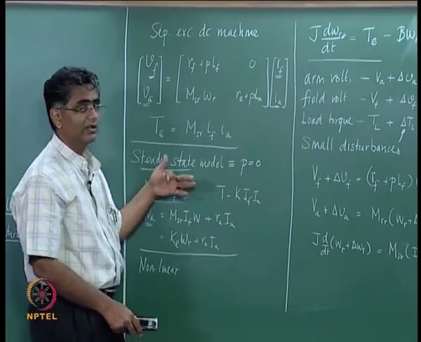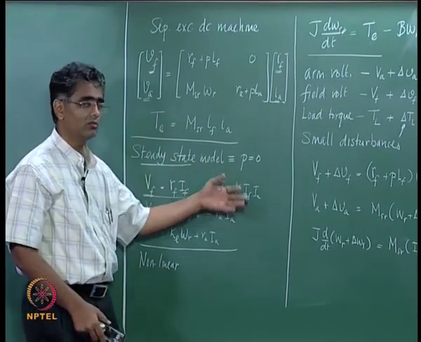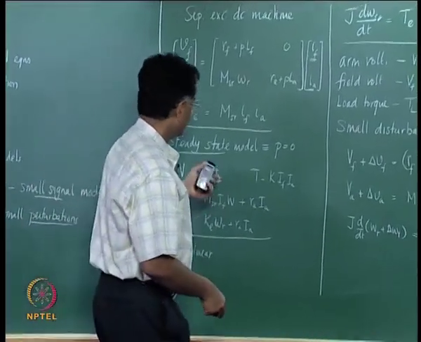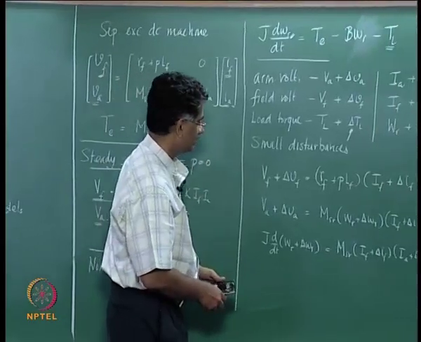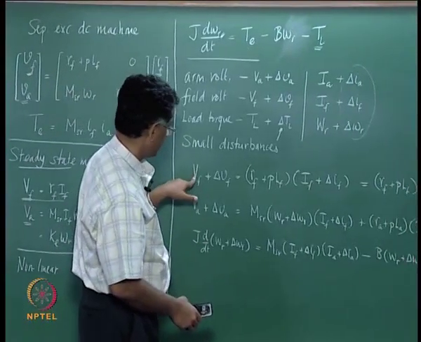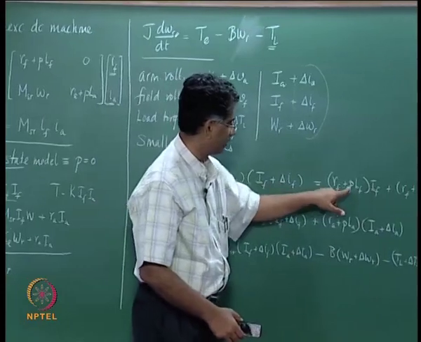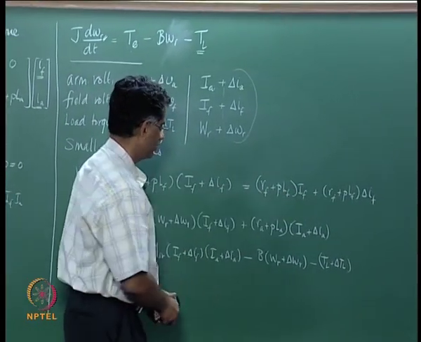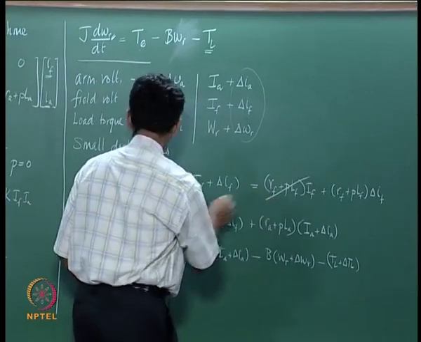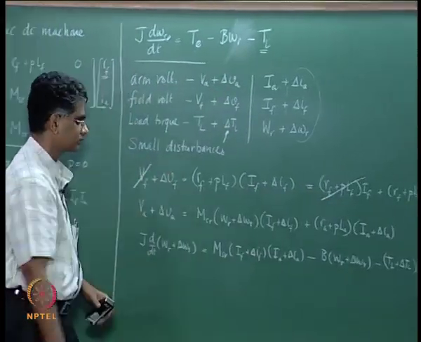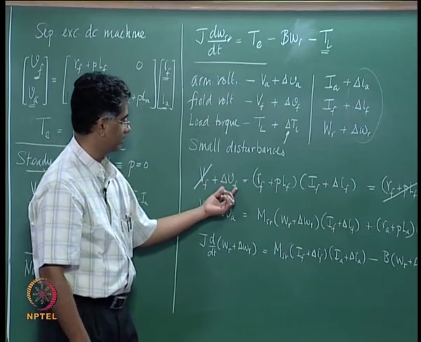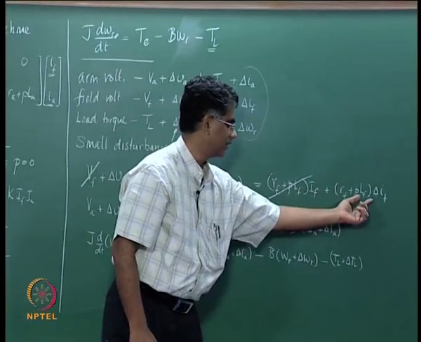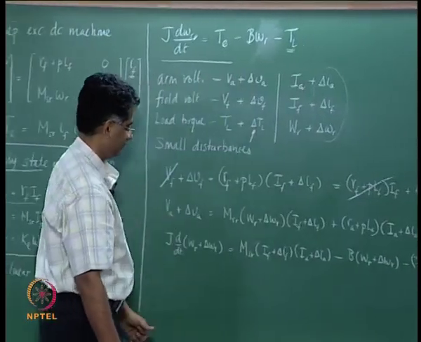If you are looking at an AC machine, then P would not be equal to 0, some other term would be there. In this particular case, Vf is equal to Rf into If, PLF is already 0, and therefore this term is equal to Vf, and one can see delta Vf must be equal to Rf plus PLF into delta If.